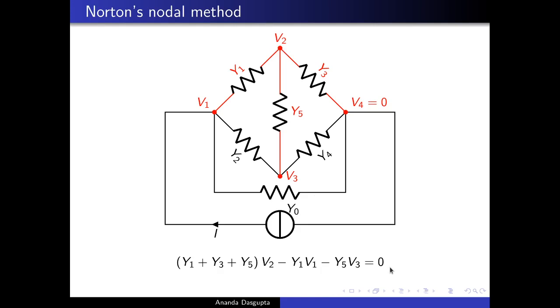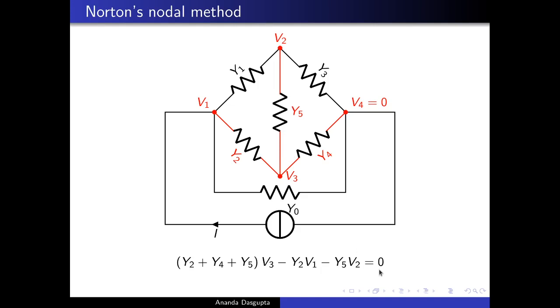And then we have to write down the nodal equation for V3, which will simply be Y2 plus Y4 plus Y5, these three admittances into V3, minus V1 into Y2. So the voltages of the adjoining nodes times the corresponding admittances, minus V4 into Y0, that doesn't count because V4 is 0, minus Y5 into V2, and since no current is flowing in, this is equal to 0.